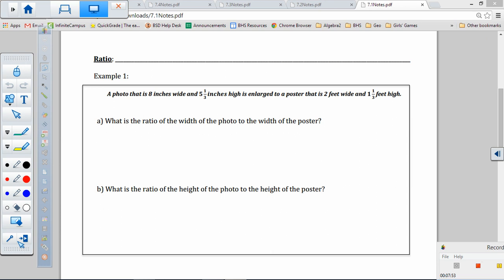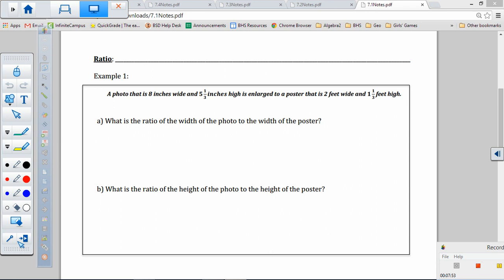What is the ratio of the width of the photo to, that's sort of like your colon, the width of the poster? So if we're thinking about this in fractional form, I want the width of the photo to the width of the poster. This is always the first step that I do.